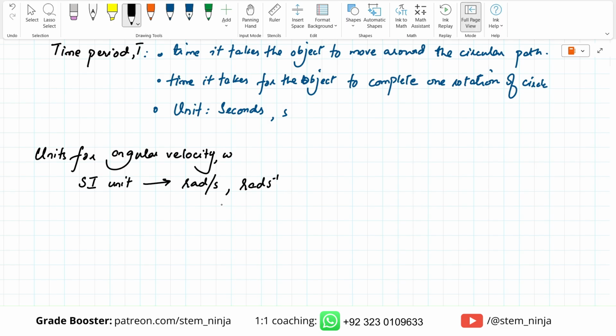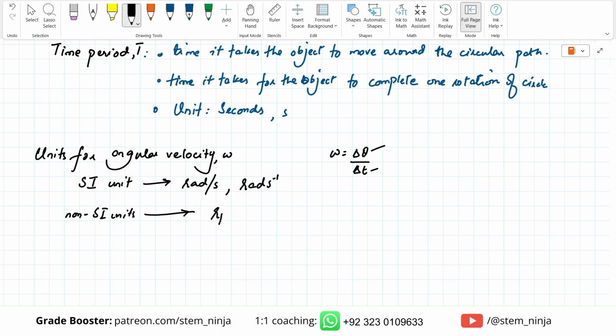Radians per second, actually they mean the same thing. Why? Because the omega definition was change in angular displacement over change in time. This is in radians, this is in seconds.